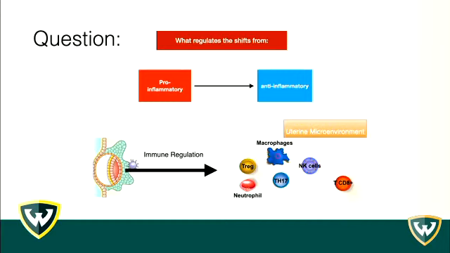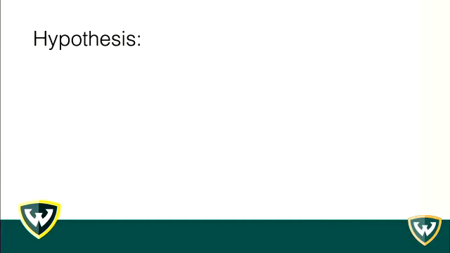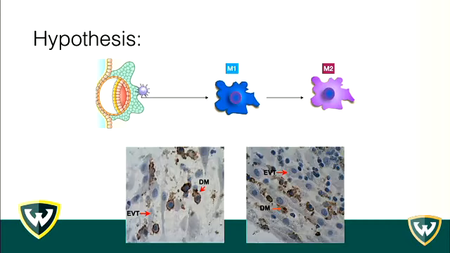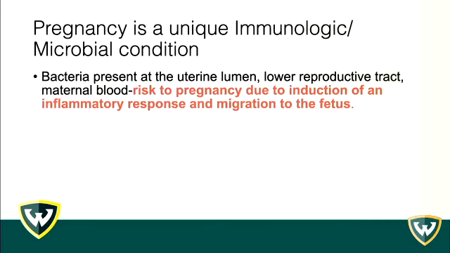So the last part of what I want to show you is the aspect, and again, we are testing this hypothesis that there are factors secreted by the trophoblast that convert this pro-inflammatory condition into an anti-inflammatory one. So the last part that I want to cover in this lecture is the concept of the microorganism.